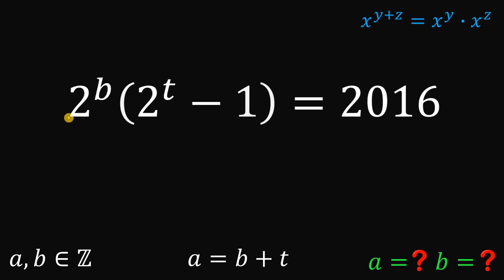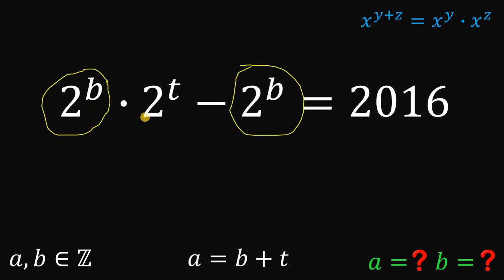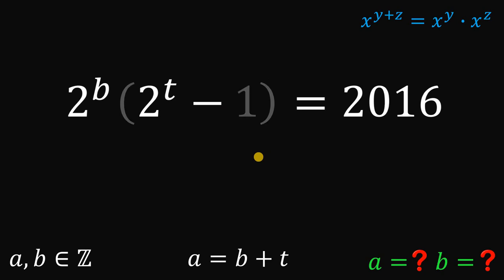If we do that, we get 2 raised to the power of b multiplied by 2 raised to the power of t minus 1. And again, if we distribute 2 raised to the power of b in these two terms, we go back to our previous result, which is 2 raised to b times 2 raised to t minus 2 raised to the power of b. So let's keep the factored form.